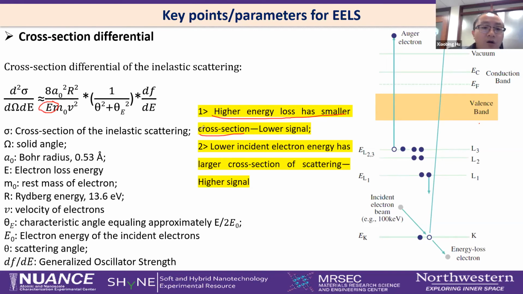Also sometimes you will see in the literature that lower voltage is good for EELS. That's because if the voltage is lower, the speed of the electron is lower, and then the cross-section will be larger. So that's why sometimes you want to do EELS at a low voltage, low kV.